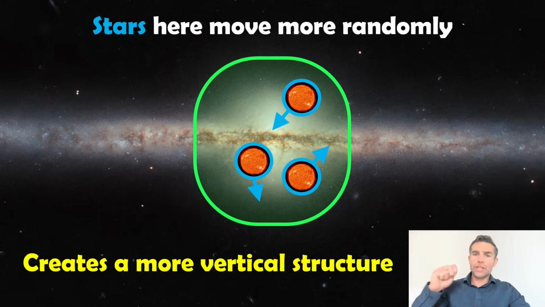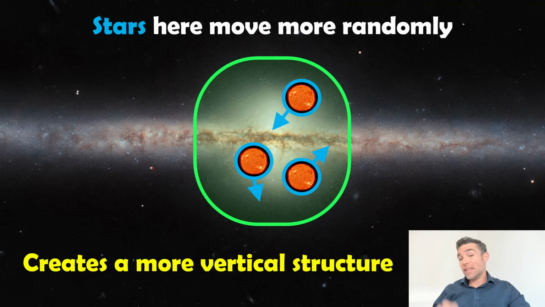Now, if you go to the central region in the central bulge, again, this is for most spirals, the stars here are moving a bit more randomly, and they have more vertical movement. So they might be going up and down as opposed to just in the plane. And that gives this central region a bit more of a vertical structure.